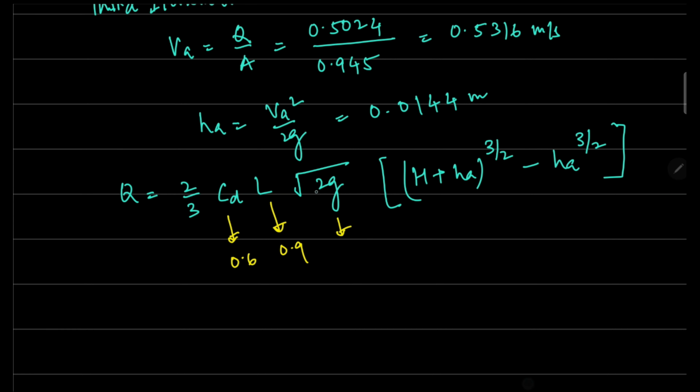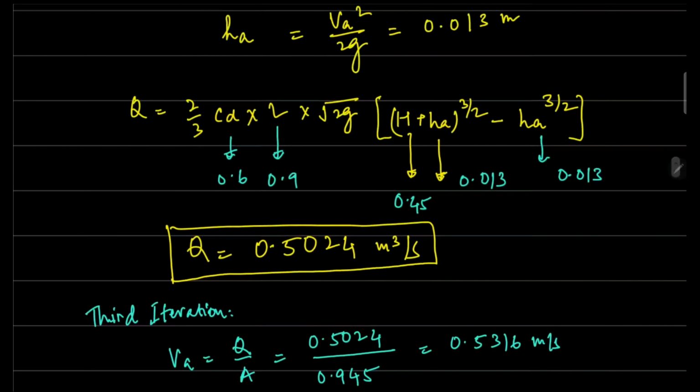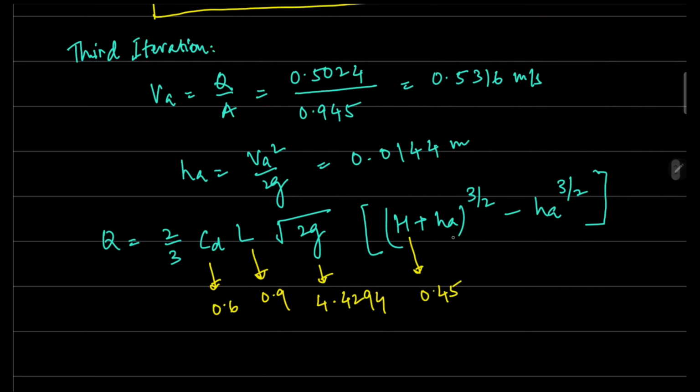You always know that the under root of 2G is 4.4294, and this H is 0.45, and the HA value we figured out is 0.0144, and similarly here 0.0144.